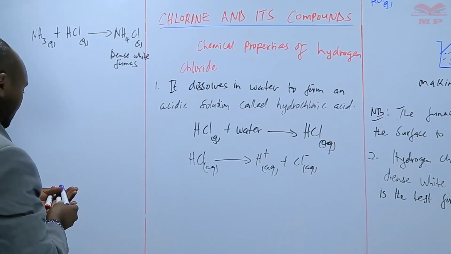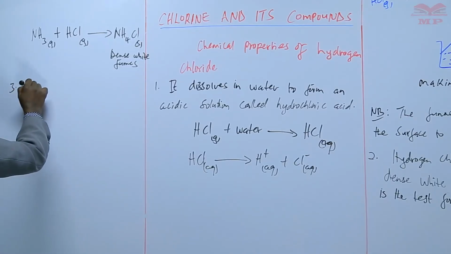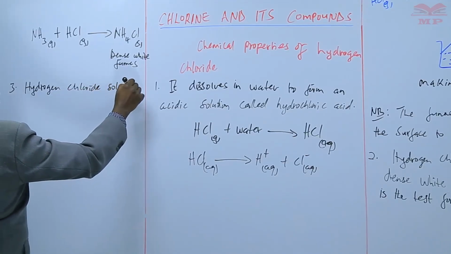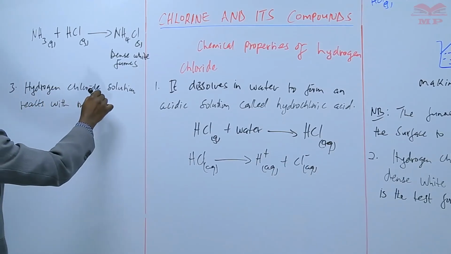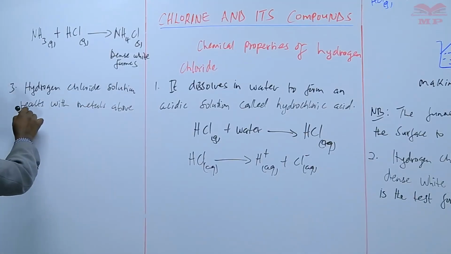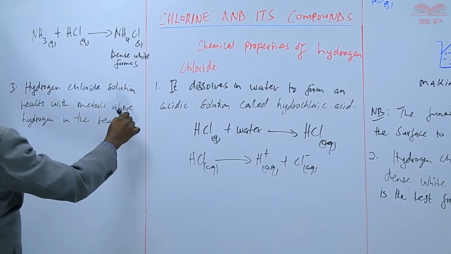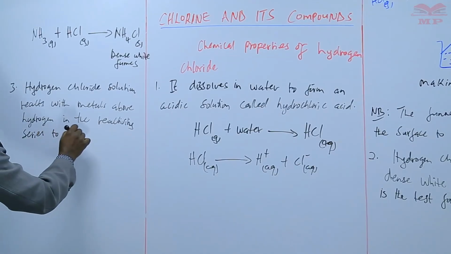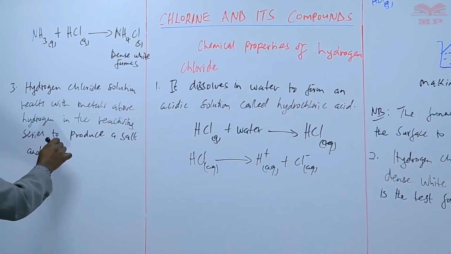The other property of hydrogen chloride is that hydrogen chloride solution reacts with metals above hydrogen in the reactivity series to produce a salt and hydrogen gas.